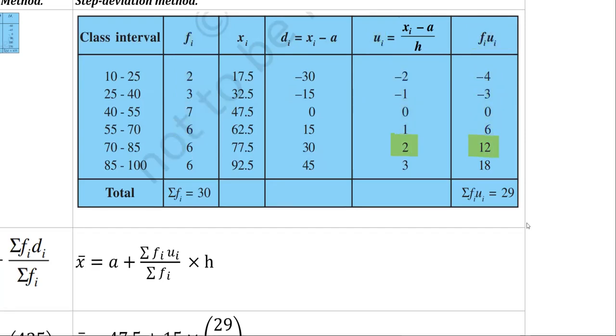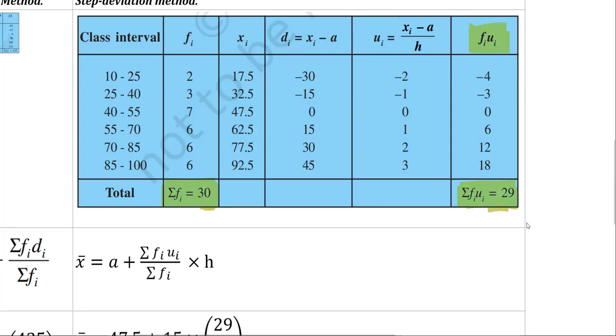Now, like in all these methods, we'll also be getting the summation of fi, which in this case is 30, and the summation of fi ui, that is sigma fi ui, is 29 in this case.